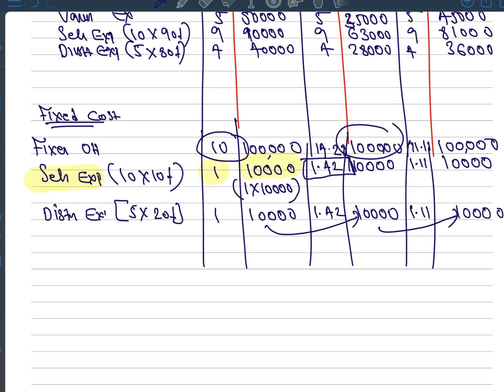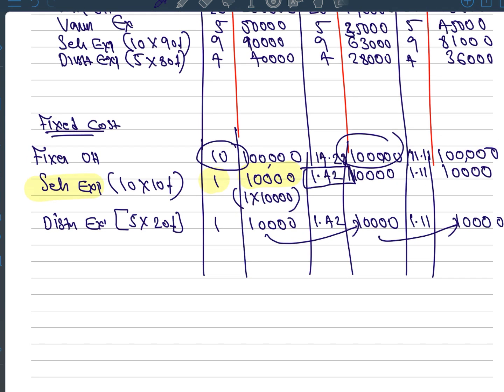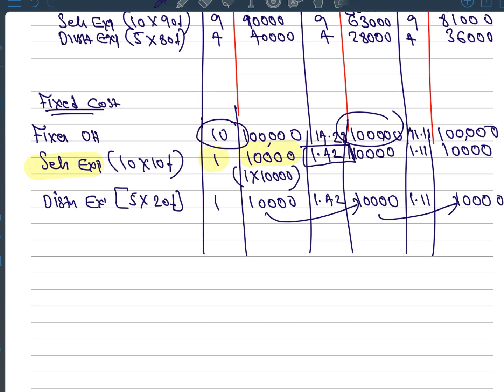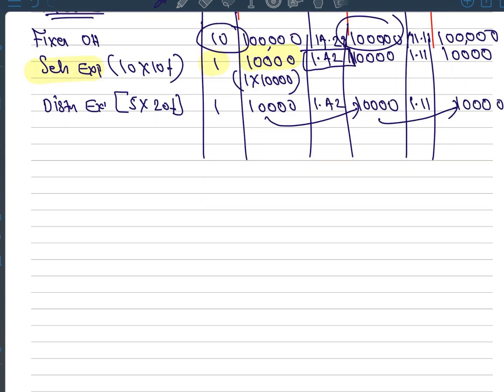Then next one, administration expense. Where can we put that administration? Is this variable or fixed? They give a total amount, and also the administration expense most probably will be fixed. So we can put here administration expense. How much? 50. The total of fixed cost will not change.